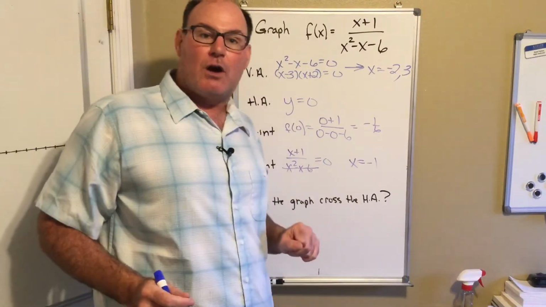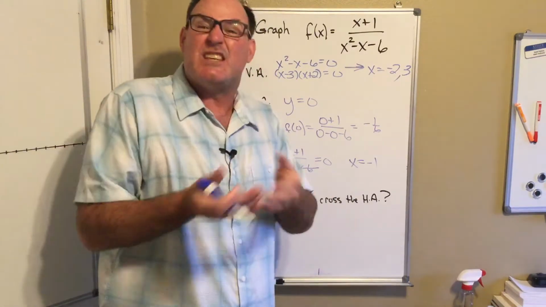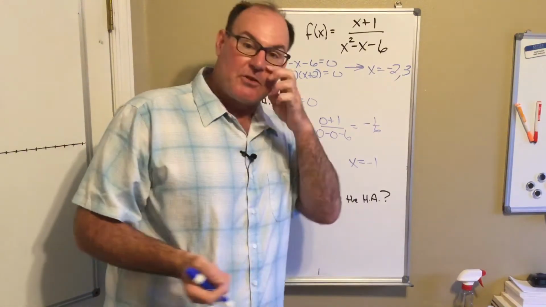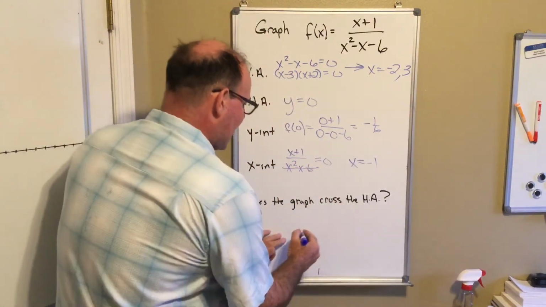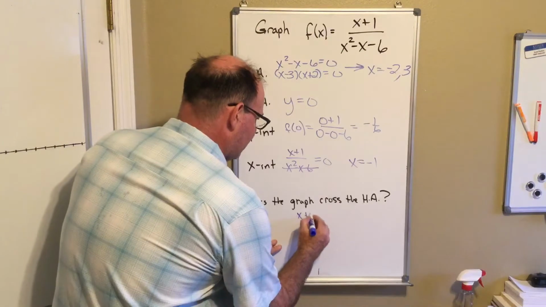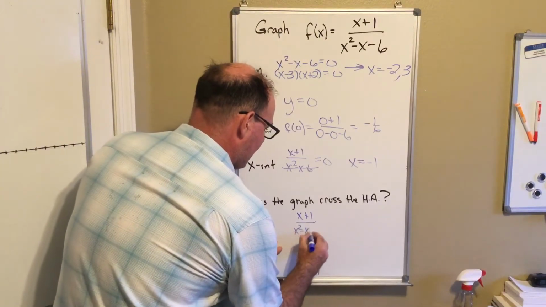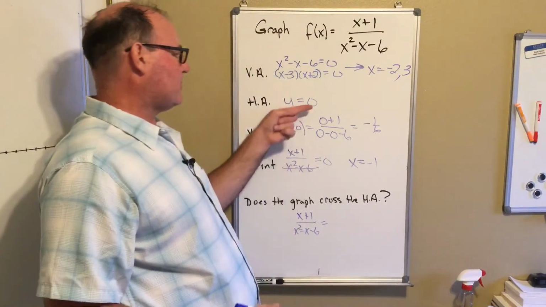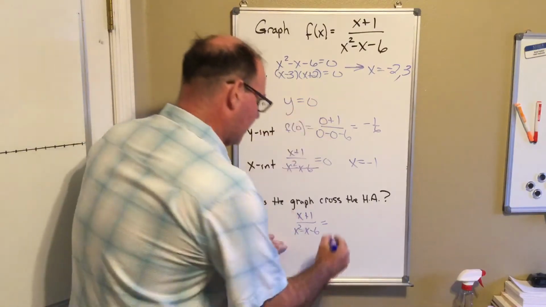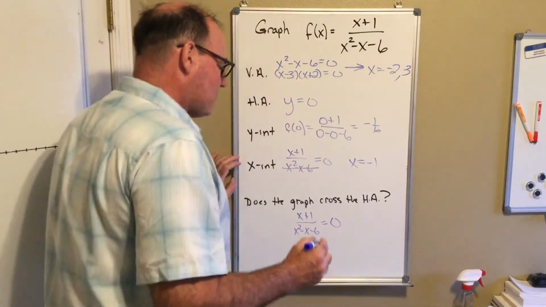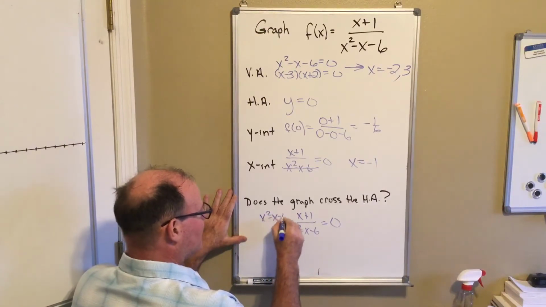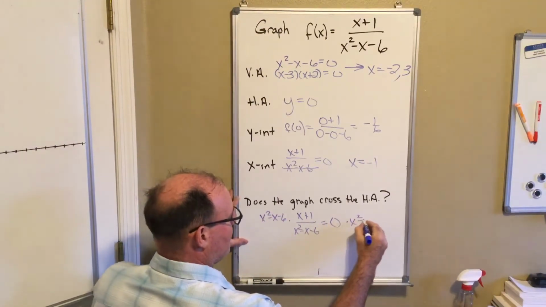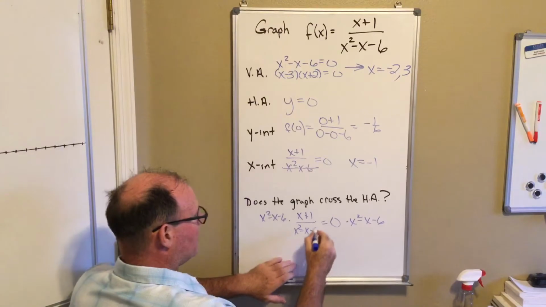Does the graph cross the horizontal asymptote? This is another reason I picked this problem, because for the first time we're going to see that the answer is yes. So here goes. I take my function and I set it equal to the value of the horizontal asymptote, which is 0. When I multiply both sides by the common denominator, x squared minus x minus 6, notice what happens.